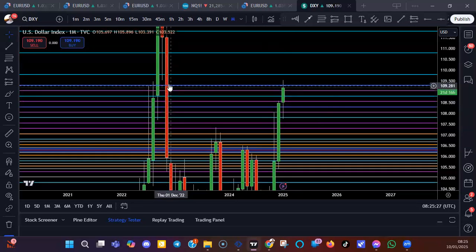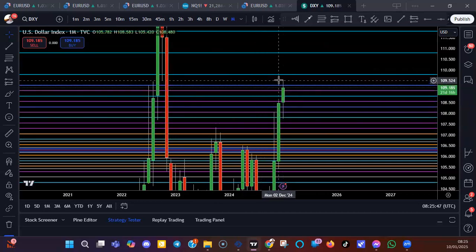And funny enough, look, all this is in balance. This was in balance, but it was mitigated by that wick there, even on the monthly. Look, see, all that area there was in balance on that candle there, but they sorted out the imbalance, made it all balanced by that wick there.